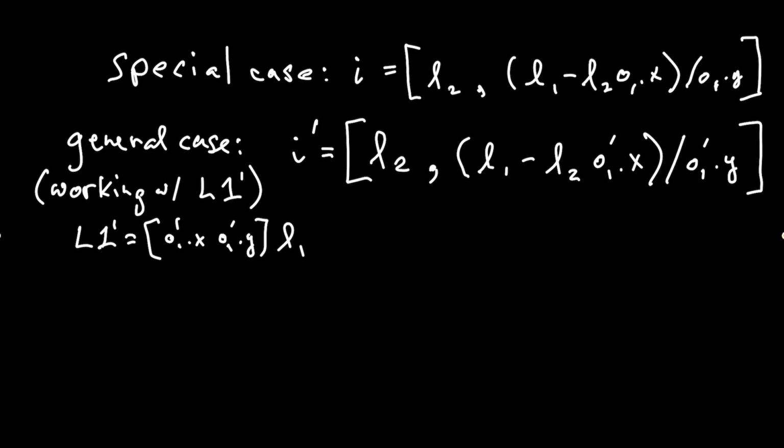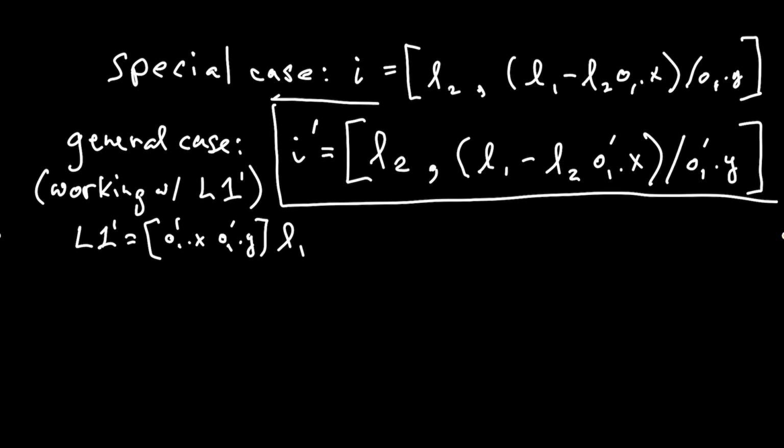And essentially now we have everything we need here. And so here's our pseudocode for computing I prime. And then of course the last step we already showed, but I'll write it again.